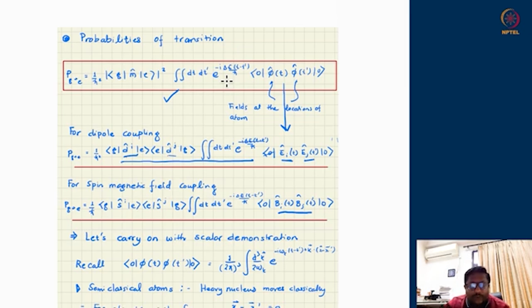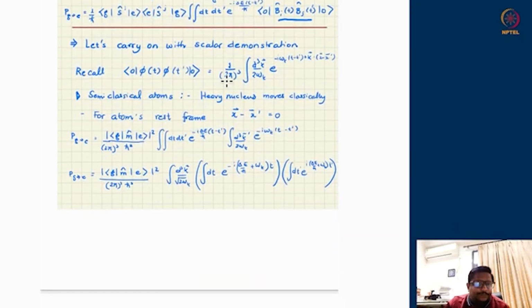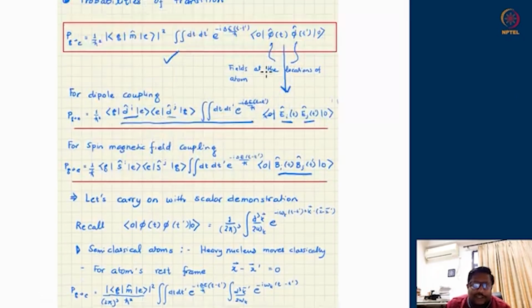So let us move forward and try to see what we learn as we go ahead. As you see, the 2-point function phi(t) phi(t'), its expectation value across the vacuum state is required in order to undergo this integral transform.